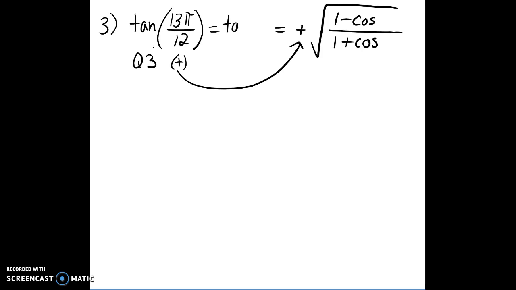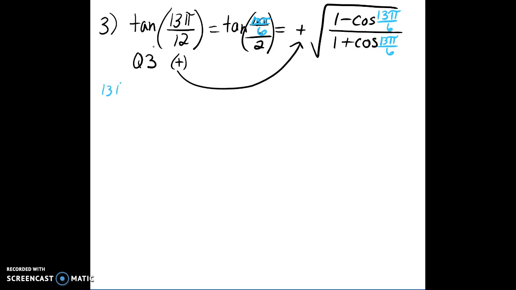Now the radians are easier here to just figure out that angle. We're going to multiply the denominator by 2, so we get 13 pi over 6 divided by 2. I meant to put that in a different color, so you can still see that. So I'm going to fill in the 13 pi over 6. Once again, I'm going to need to think about the idea of the coterminal angle.